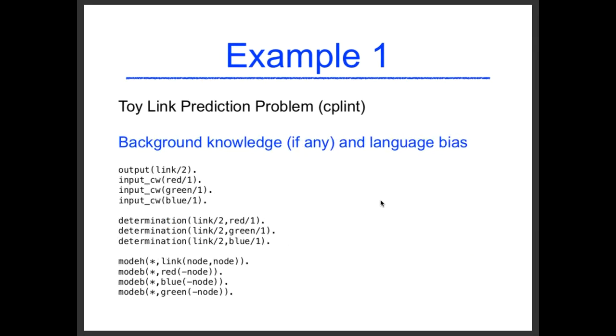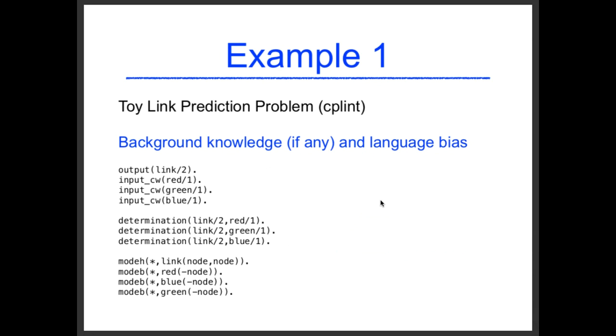Then you have to specify if there is a background knowledge, and most importantly, what is called a language bias, which you have seen also this morning. You have to specify what is your output and what is your input. Basically, it's what in Markov logic is the query or the evidence.